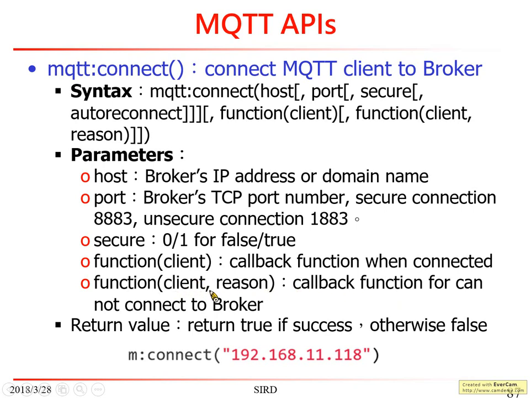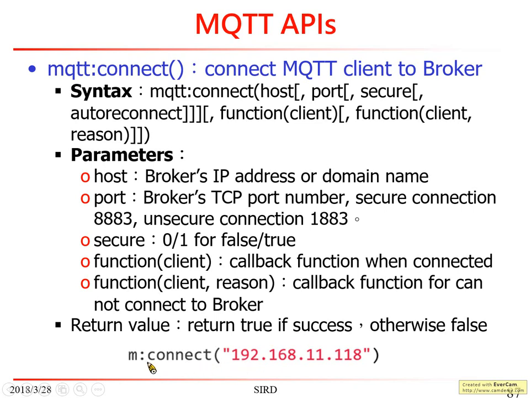You can see what's going on by receiving the reason why you cannot connect: either your password is incorrect, or maybe the client ID is incorrect, or whatever reason it may have.